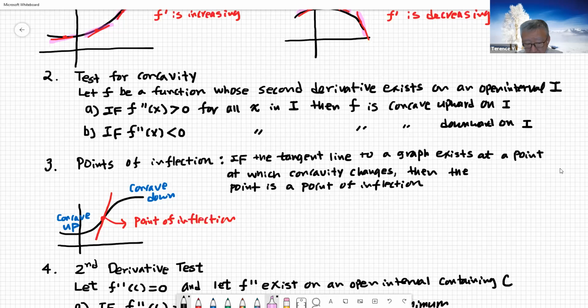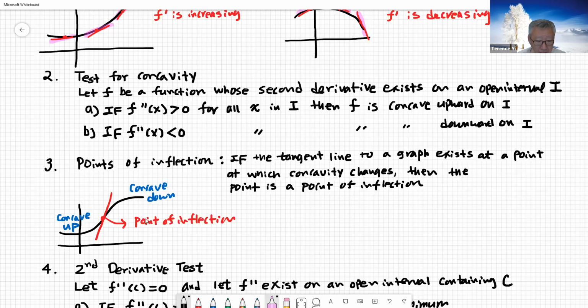Points of inflection tell us the point where a curve changes its concavity, for example from up to down or down to up. From that point, the concavity starts changing from up to down or down to up. So a point of inflection simply tells us that now the concavity changes.